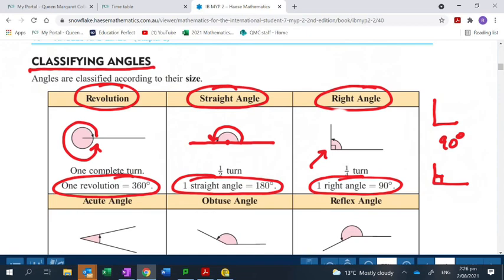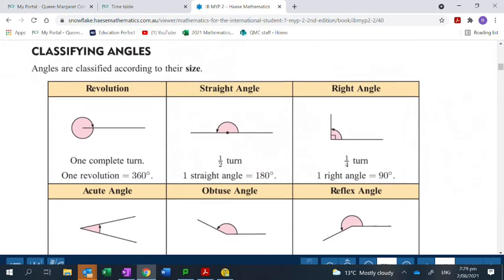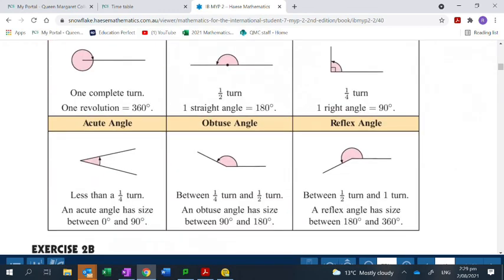So, revolution means all the way around. Straight angle means straight line, so halfway around. And a right angle is how many degrees? 90. The others that we need to talk about are here. We have an acute angle. Guys, focus. An acute angle is between 0 and 90 degrees. Think about this.